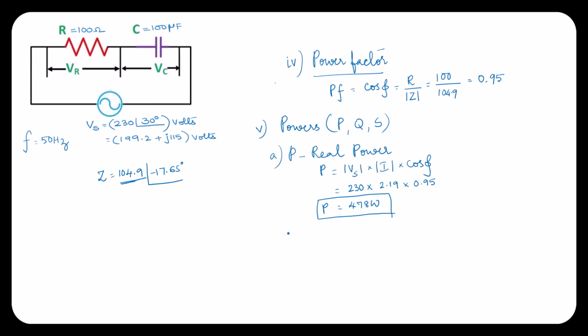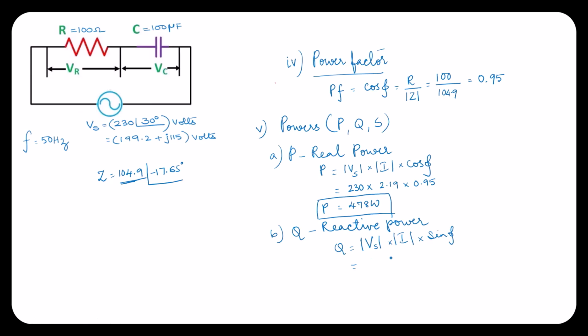Second one, Q, which is the reactive power. Q is equal to again Vs into I into sin phi.